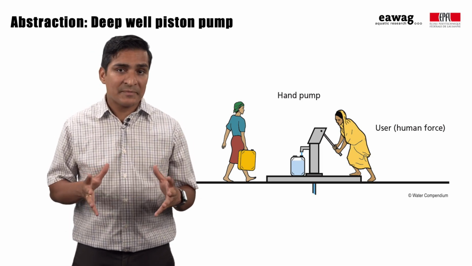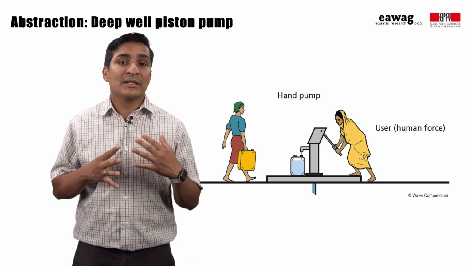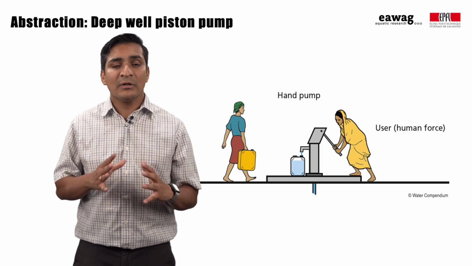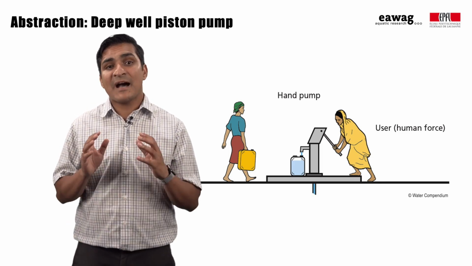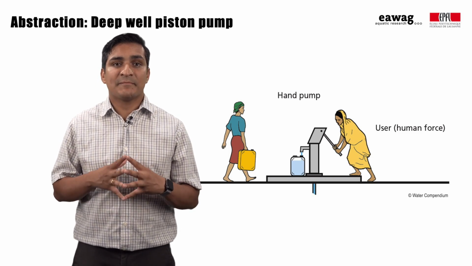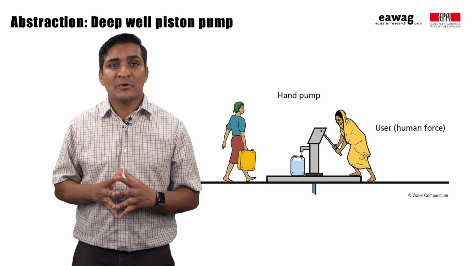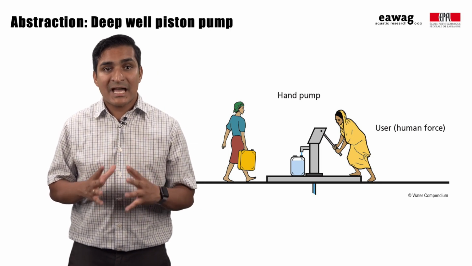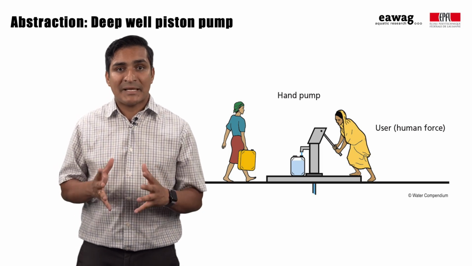Especially for hand pumps located off household plot, it may be difficult to collect sufficient water to meet all the household's domestic and productive needs. And finally, deep well piston pumps are very prone to mechanical failures due to higher lifting forces, and the design complexity requires greater operation and maintenance.